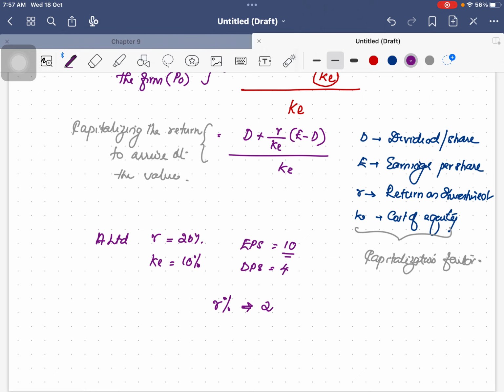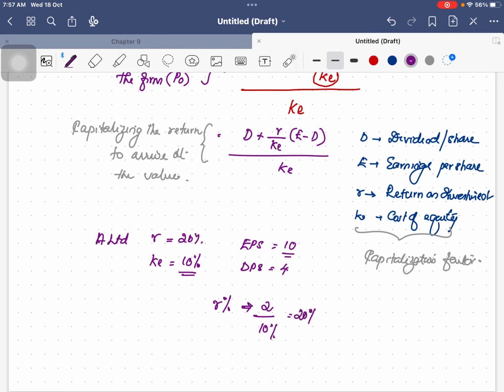Now, if you reinvest that 10 rupees and generate 2 rupees out of it, what is its value? Its value will be this 2 divided by cost of equity. Cost of equity is just 10%. So 2 divided by 10%, and its value will be 20 rupees.